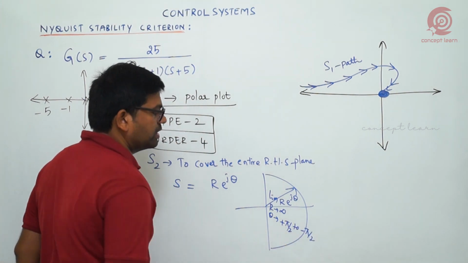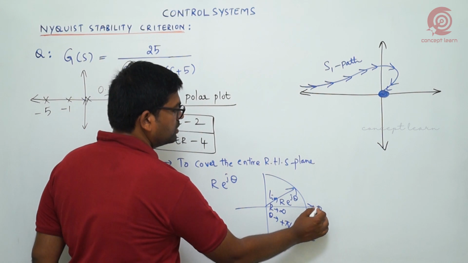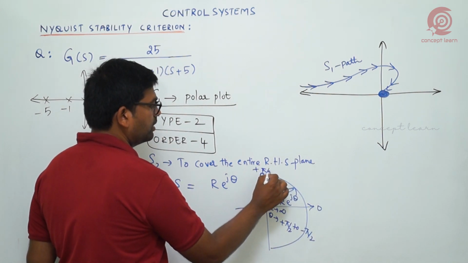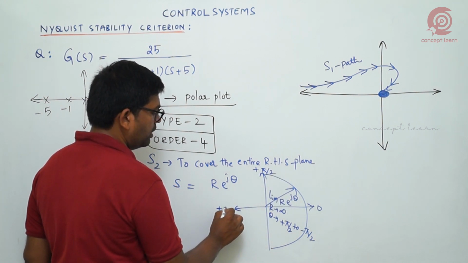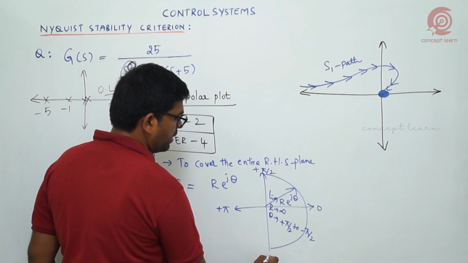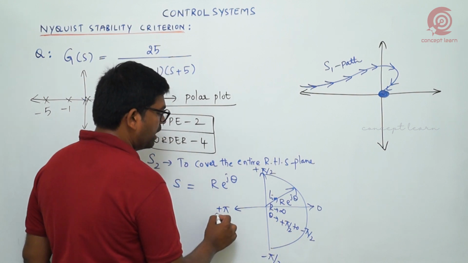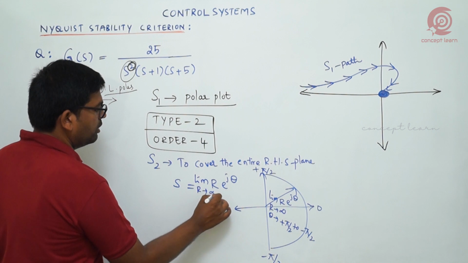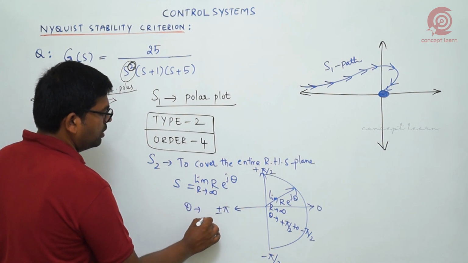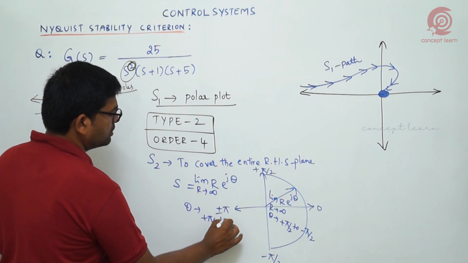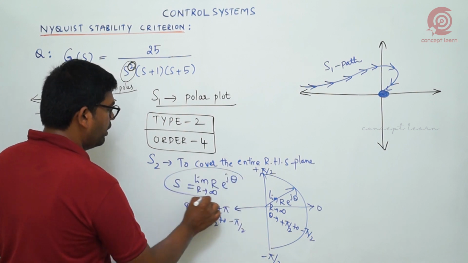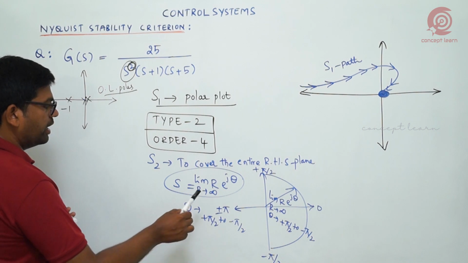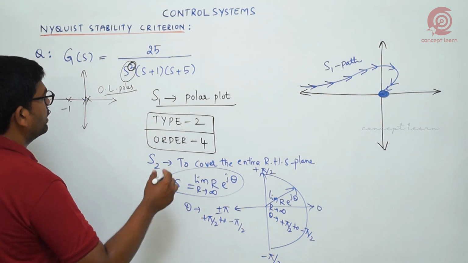Phase angle we count in anti-clockwise direction: this is 0, this is plus 90, this is 180, this is minus 90, or minus 180.